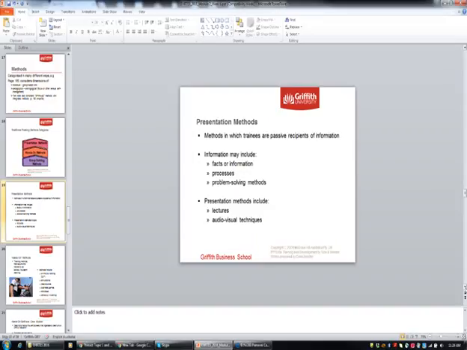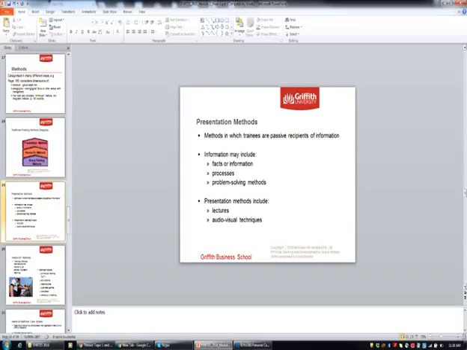Presentation is an idea where trainees are passive recipients of information. And that could be important if there's facts to learn, processes, for example, a new legal framework coming in, how to solve problems, health and safety.